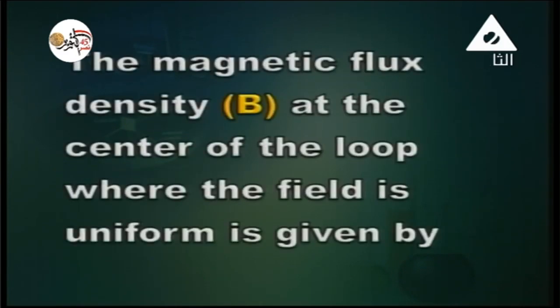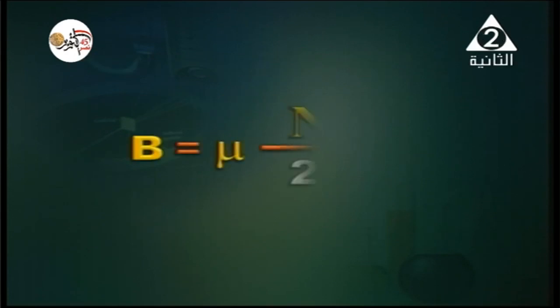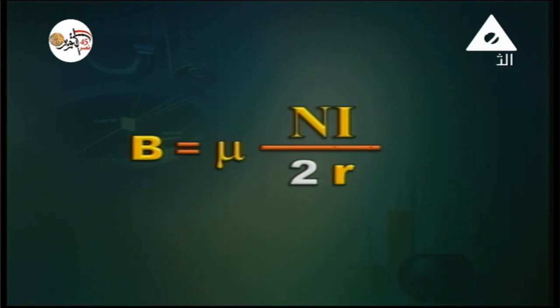The magnetic flux density at the center of the circular coil is uniform. And what does it mean it is uniform? It means we can determine its value by using an expression that gives its value. Magnetic flux density equals μ, which is permeability, times NI over 2R.